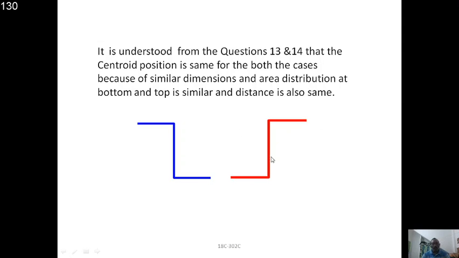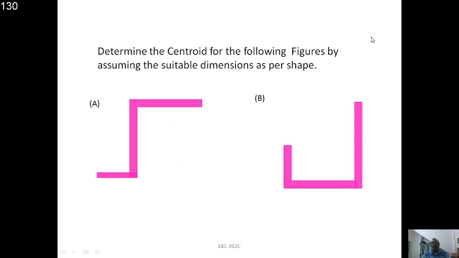So in this case we are obtaining the same centroid. So it is requested to solve the problems which are mentioned here. Determine the centroid for the following figures by assuming suitable dimensions as per the shape.